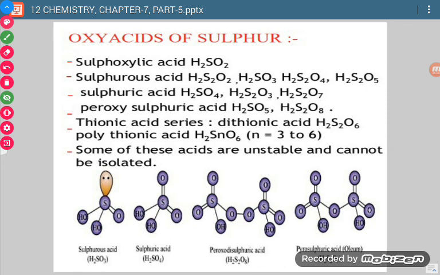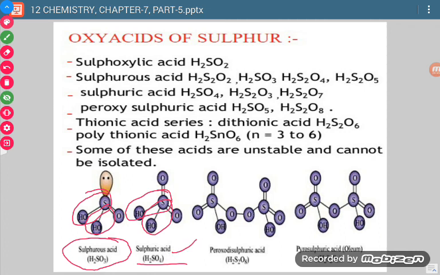Okay. Now see, if we talk about sulfurous acid, then there are two SOH bonds. So it means this molecule is dibasic. If we talk about sulfuric acid, it is H2SO4 and there are again two SOH bonds. So again this is also dibasic.